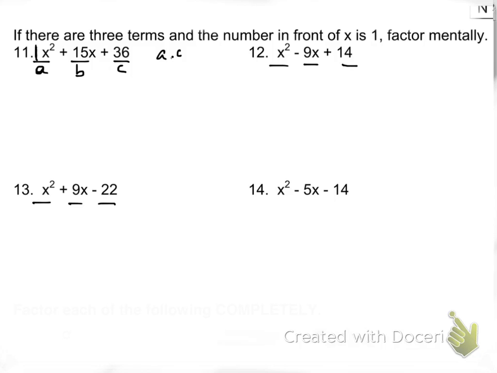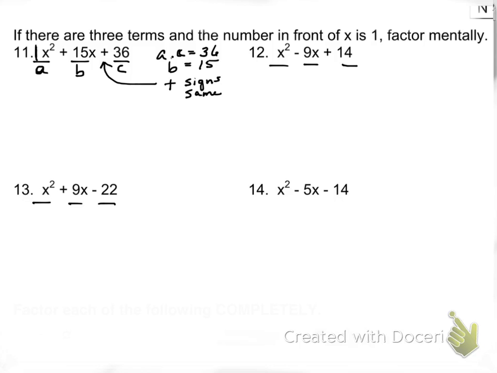In the case of a being 1, it is just 36 here. And b is 15. So your job is to find two numbers that multiply to be 36 and add to be 15. If you look at the second sign, if it's positive, the signs in your factors are the same.